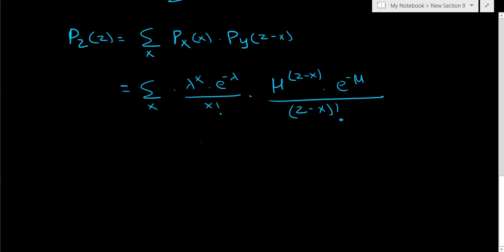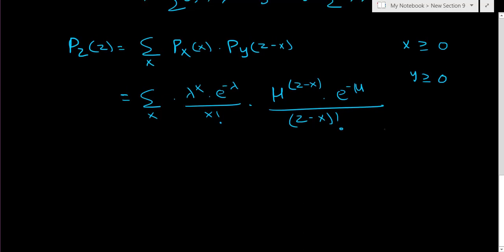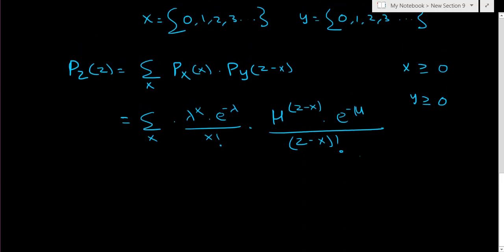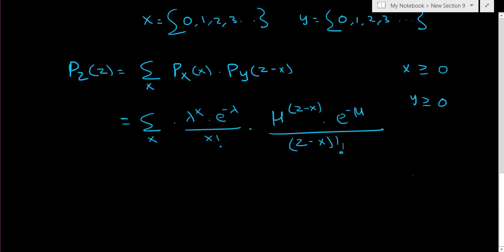Now the next thing I have to do is some sort of adjustment, but before that I need to define the range of x. What would be the range of x? We know that x is greater than or equal to 0, and y is also greater than or equal to 0. So let us try to define the range of x using these facts.